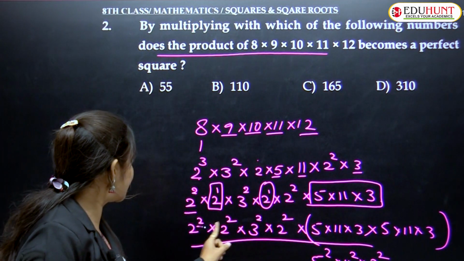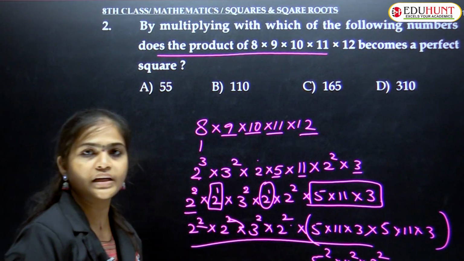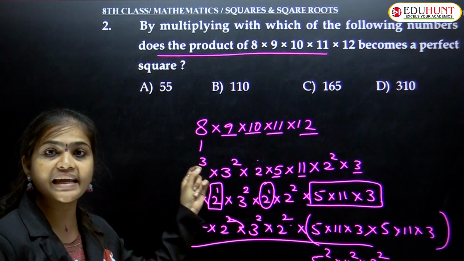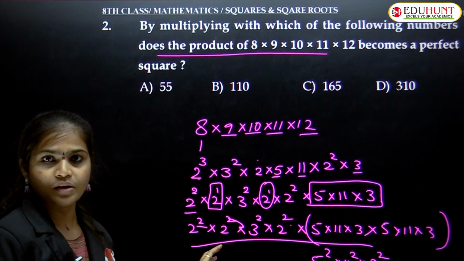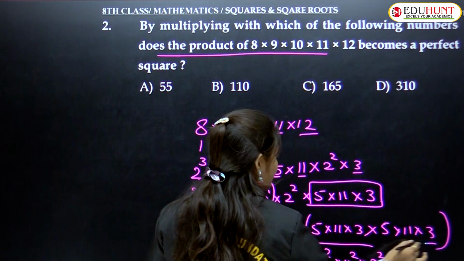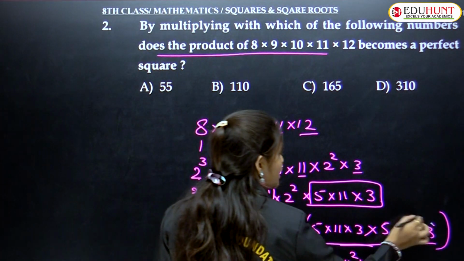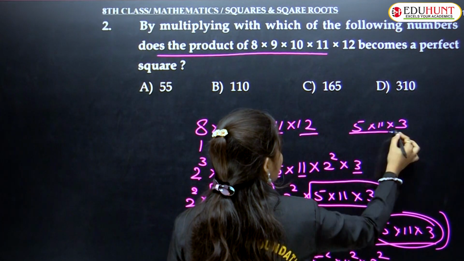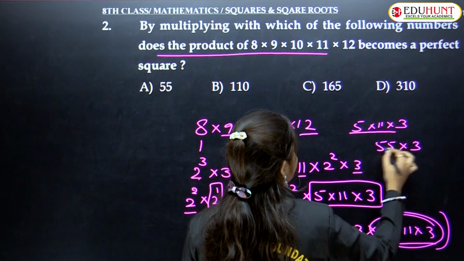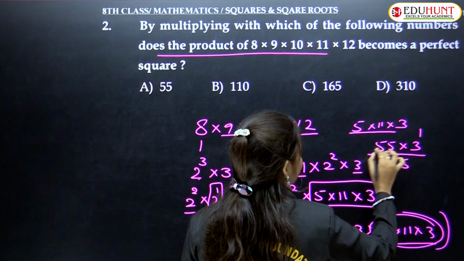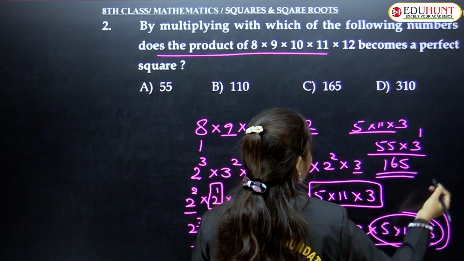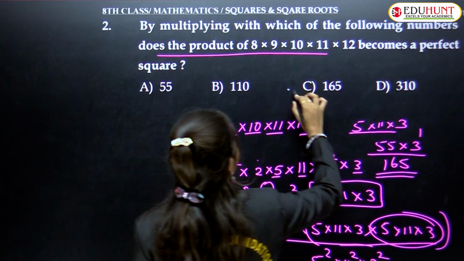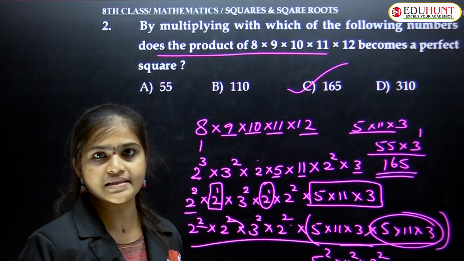In that case, each and every power equals 2. In the prime factorization of any square number, the powers of each and every number should be even. So by which number are we multiplying here? 5 into 11 into 3. 5 elevens are 55, into 3: 3 fives are 15, plus 1 is 16. So by which number do we have to multiply this? 165. So C is the correct answer.